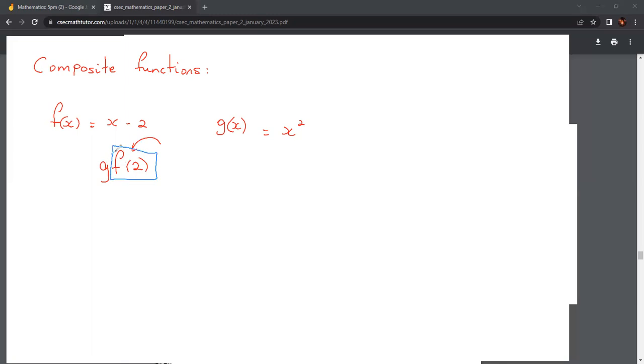If they give me g of f of a number, I'll work the inner part first. So I'll find out what f of 2 is first. f of 2 simply means wherever I have x in f of x, I'm going to put 2. So that becomes 2 minus 2, which is 0.